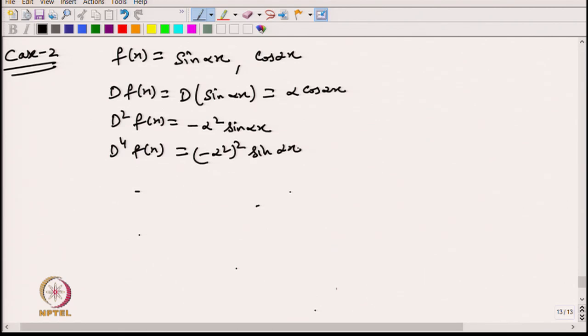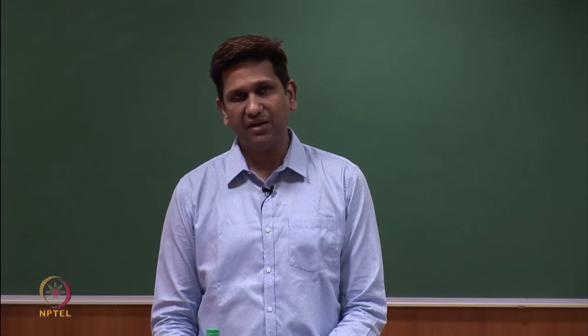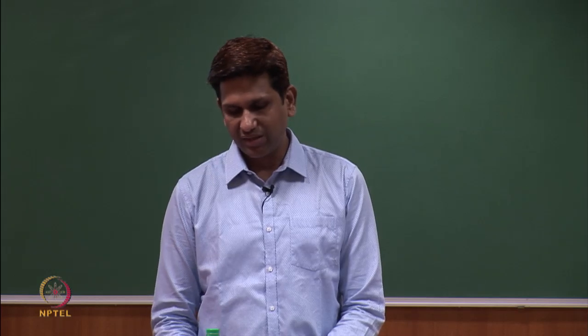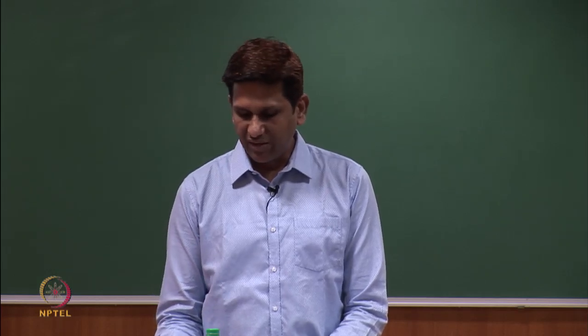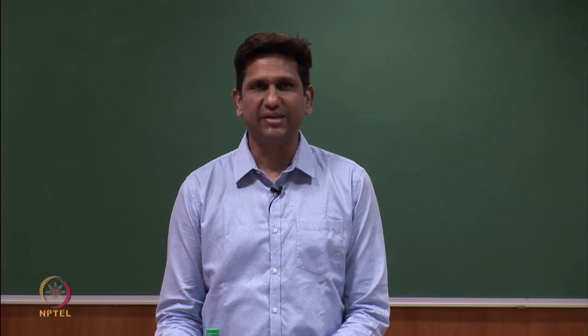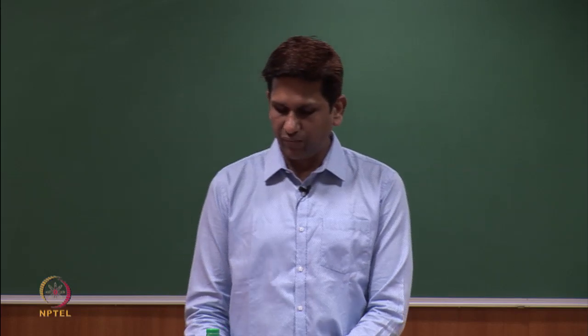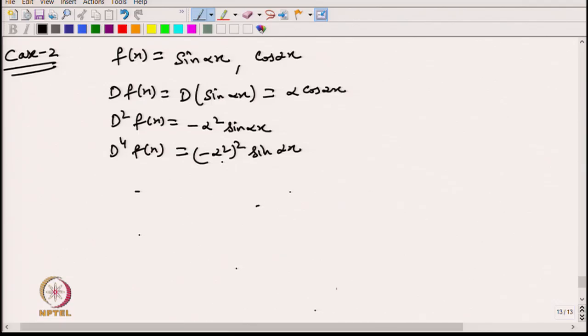So, now you see that if I take the derivative of sin alpha x or cos alpha x, the first derivative gives this value, but taking the second derivative I get the same function back, multiplied by minus alpha square, and D raised to power 4 f(x) becomes minus alpha square raised to power 2 sin alpha x.